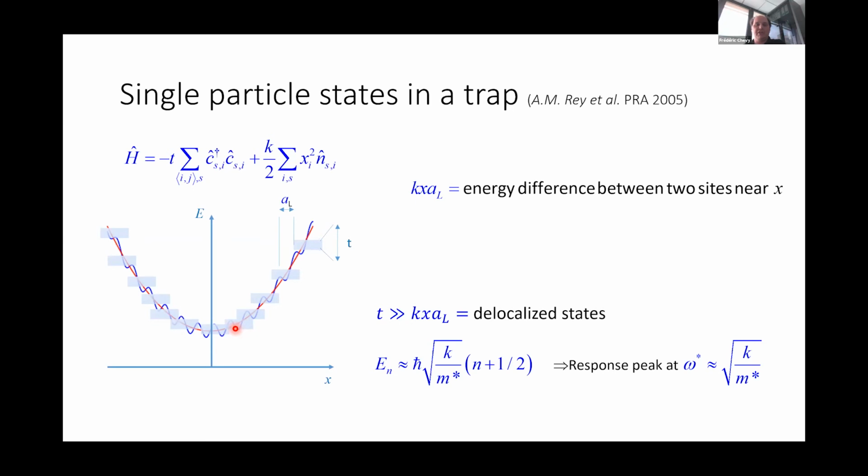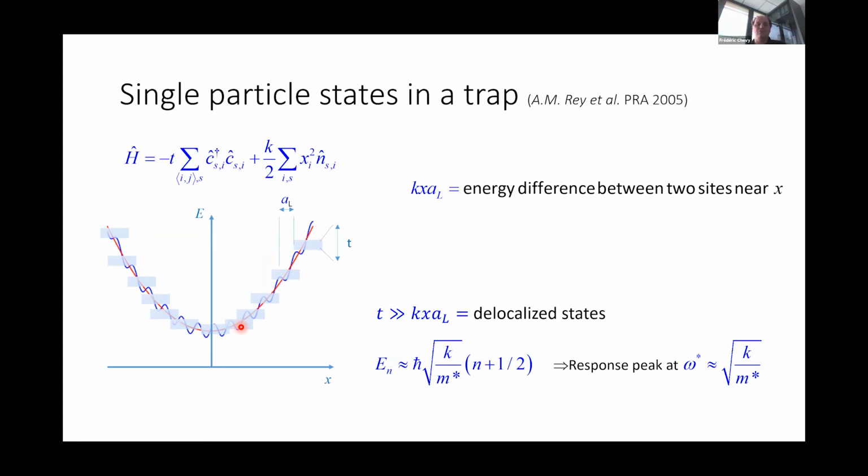When you are very close to the center, T is much larger than kappa X a, this energy difference. It means that by tunneling, the atoms can hop from one site to the next, because the mismatch associated with the harmonic trapping does not prevent the tunneling. So in this case, you have just tunnel delocalized states, which are your usual Bloch states, characterized by an effective mass.